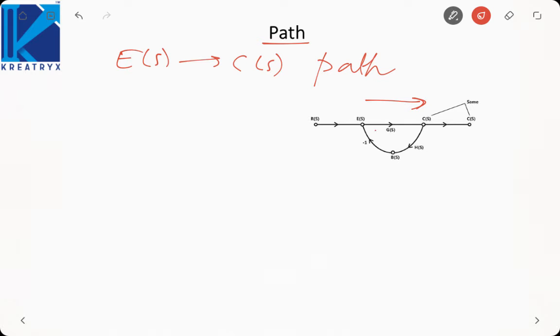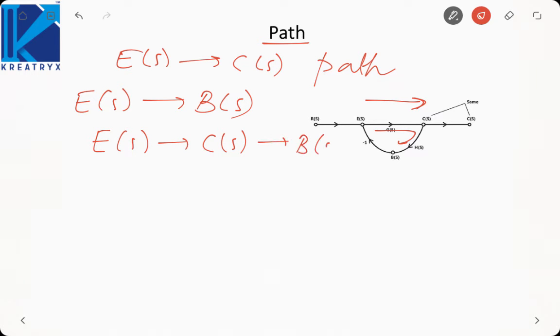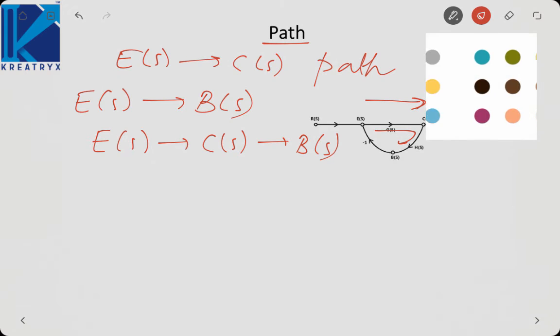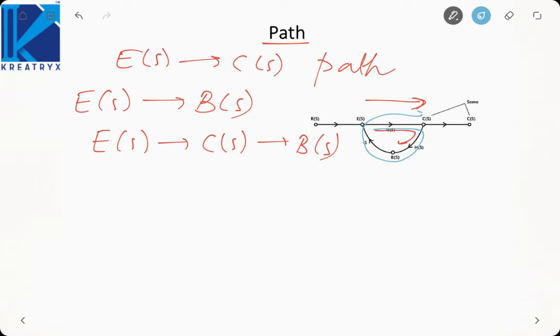Okay. Next is like this path, ES to BS. This is also a path. It is going through ES, then CS, then BS. Here no node is being traversed more than once. Okay. But suppose I take some path like this, that is, if I take ES, then CS, then BS, then ES, then CS.